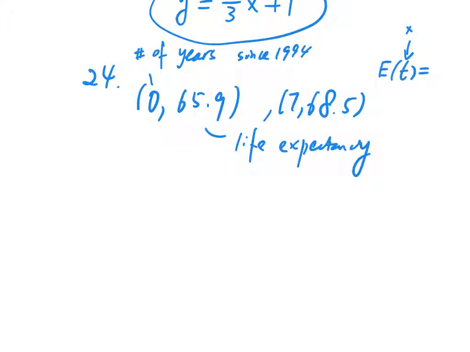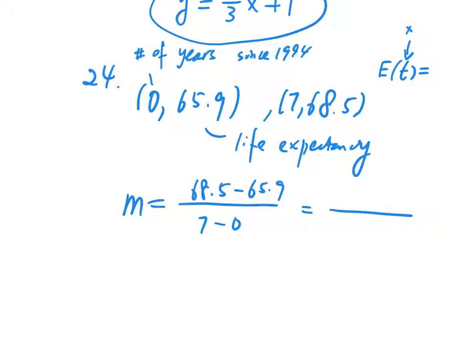So find m first, and then we can use 68.5 minus 65.9 over 7 minus 0. Use your calculator, that will be 2.6 over 7, and if you use your calculator, it's approximately 0.37, but because the problem asks you to keep 1 decimal, it's 0.4. Again, the nice thing is, the b is given.